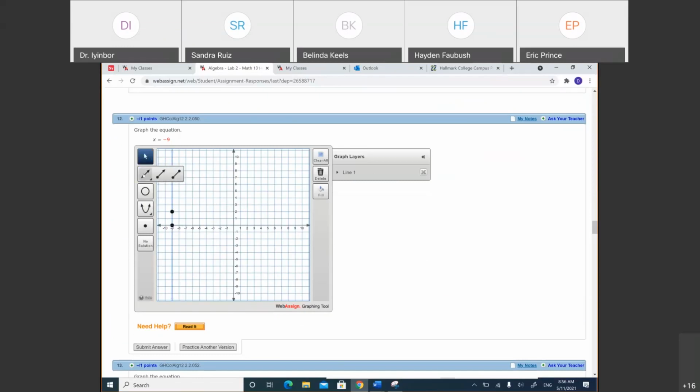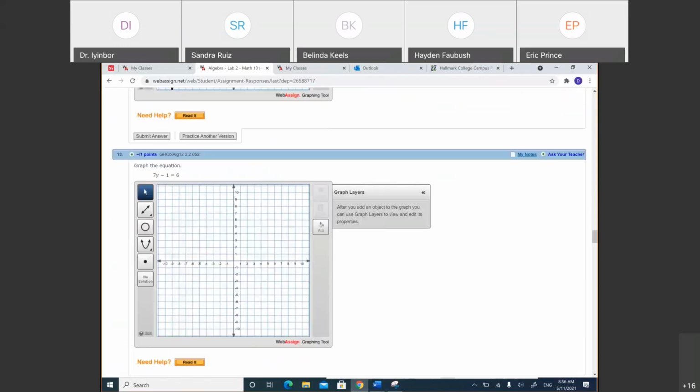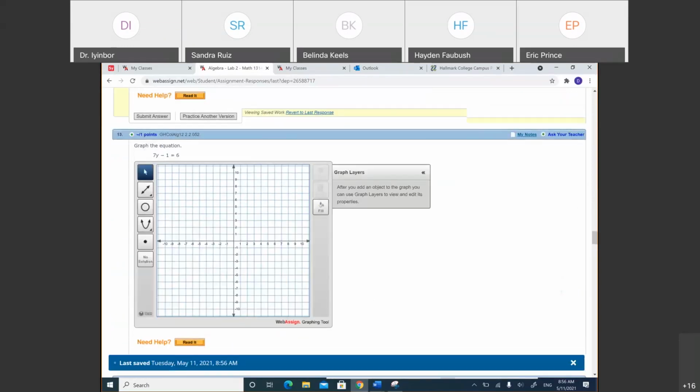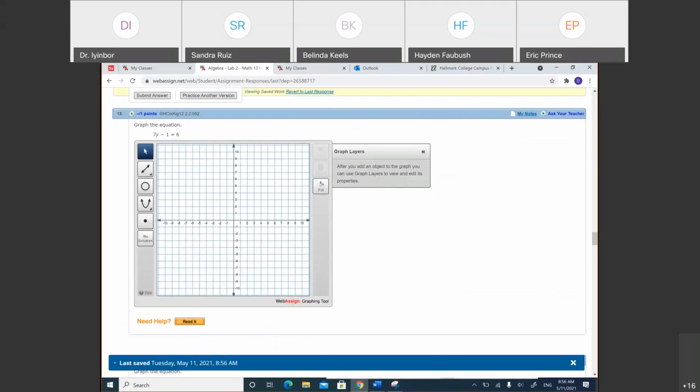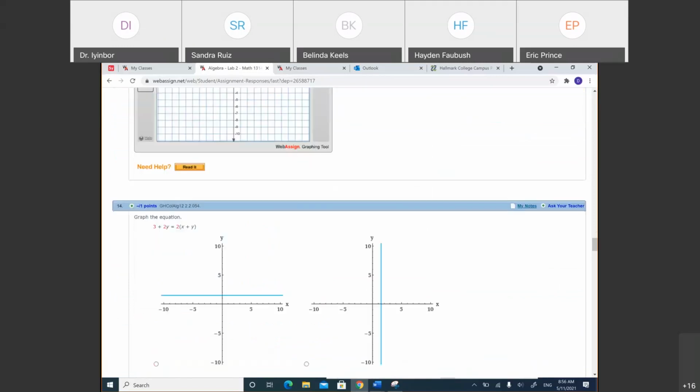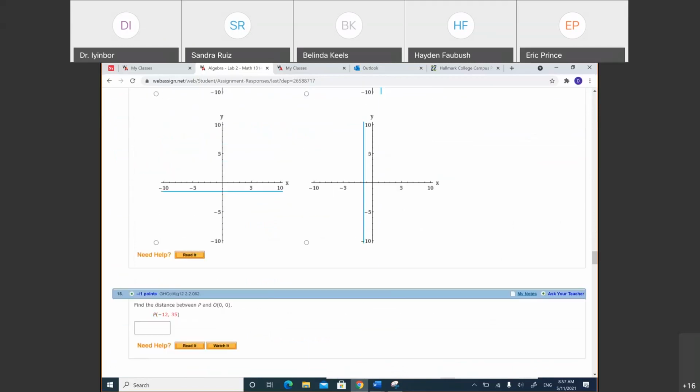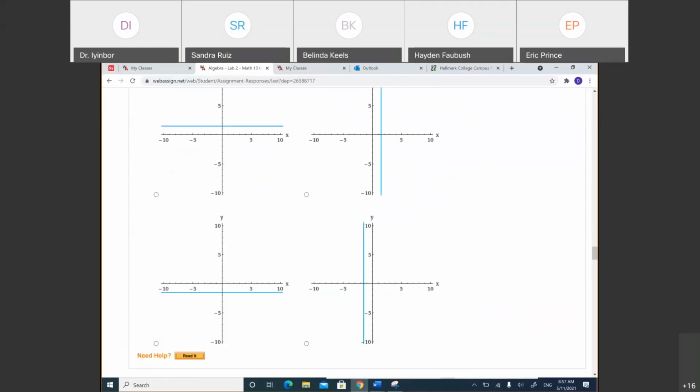Click one more time to graph it. That's how you do 12. And 13 is the same way. You get Y by itself, and then you graph it. This one, you solve it, and you pick which one is the right one. So it's the same way you do all the graphs. Any questions?